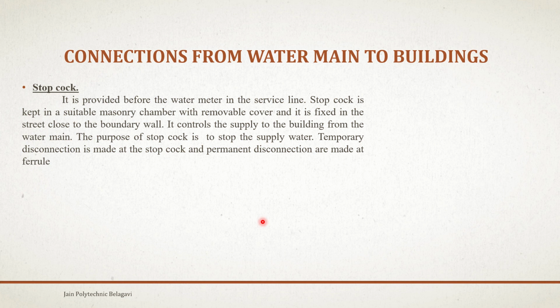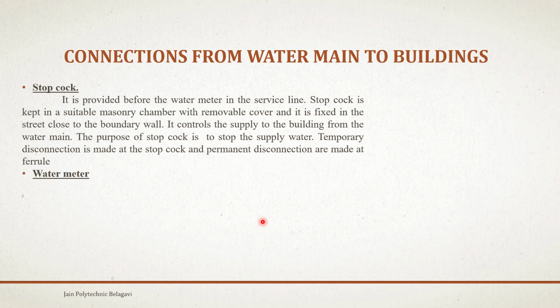It controls the supply to the building from the water main. The purpose of stopcock is to stop the supply of water. Temporary disconnection is made at the stopcock, and permanent disconnection is made at the ferrule.